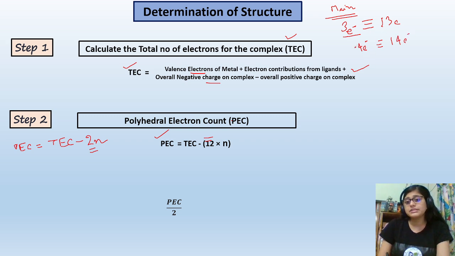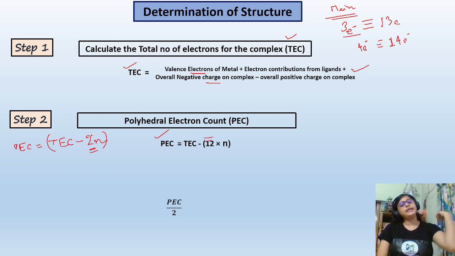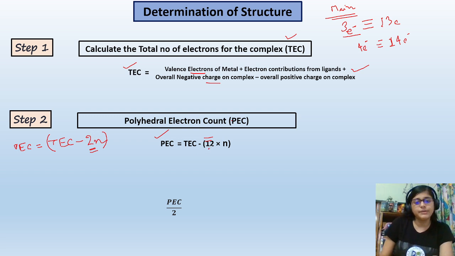So plus 10 will be added for the transition metal complex. In the same way, if you remember this formula for boron, you add the 10 here. So 10 plus 2, that will be 12.